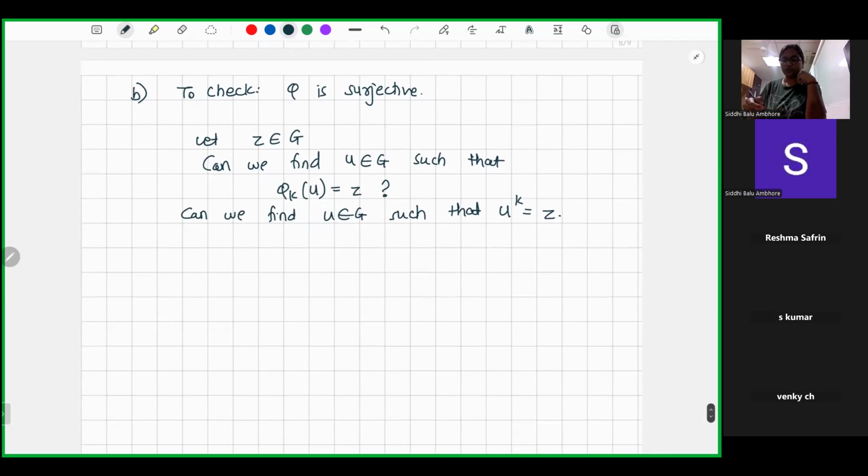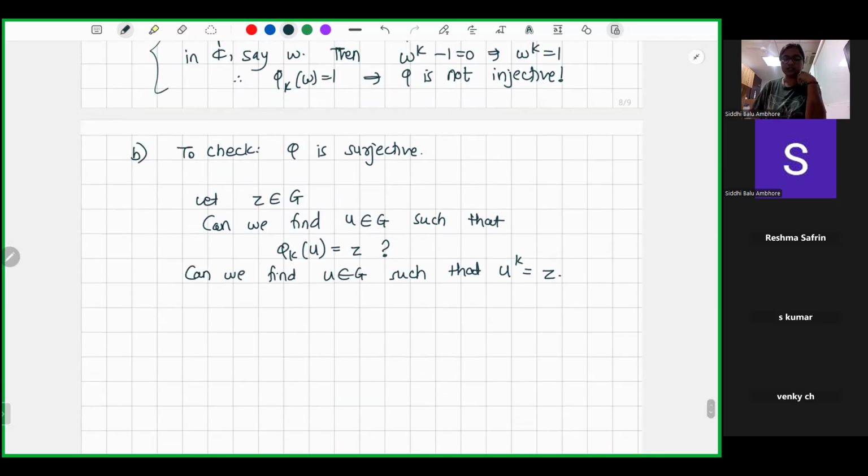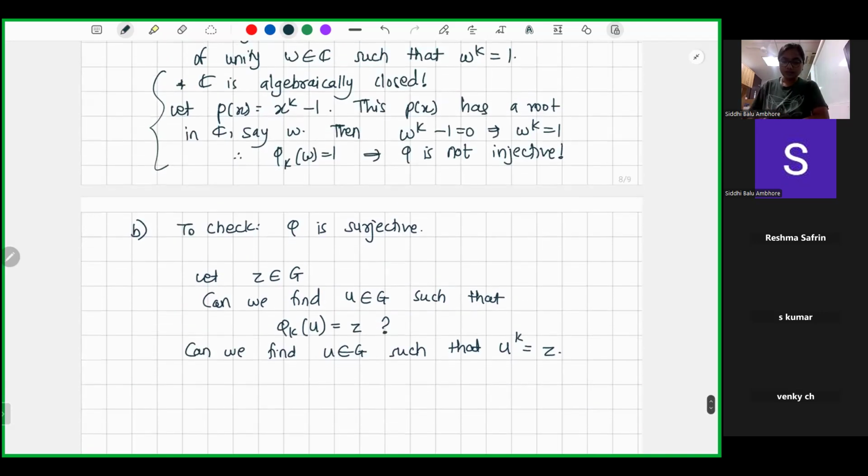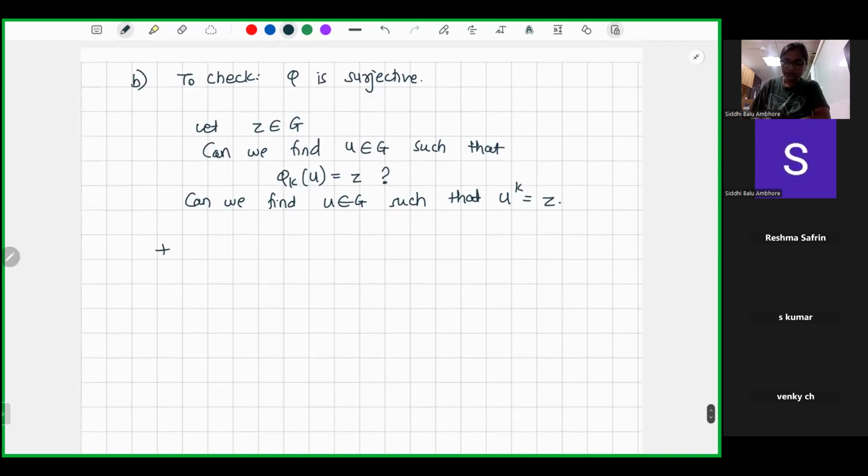This is what we need to find. And can we find this U? Can you tell me how to start with this? We just did something earlier. Okay, so what we will do is the similar argument that C is again algebraically closed.